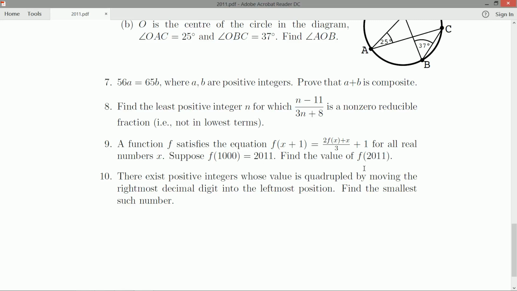Is there anything we can do to speed up the process? I feel like f of x is probably a quadratic equation. I can't guarantee that, but I feel like that's true. I'm not seeing anything, so how about we compute f of 1001, maybe f of 1002? Maybe there's just a pattern. Who knows?